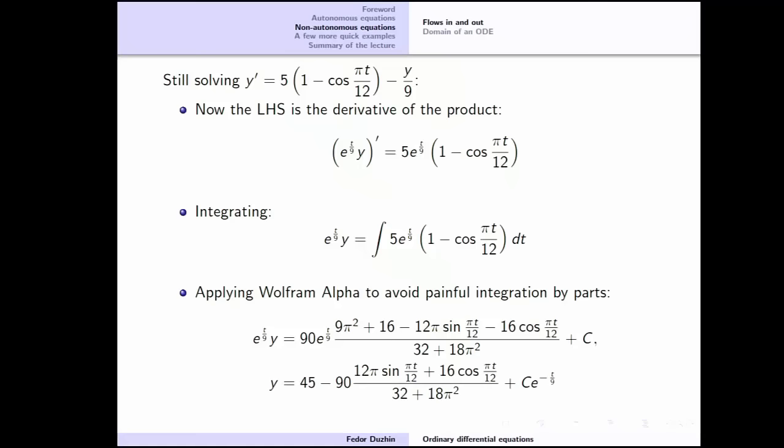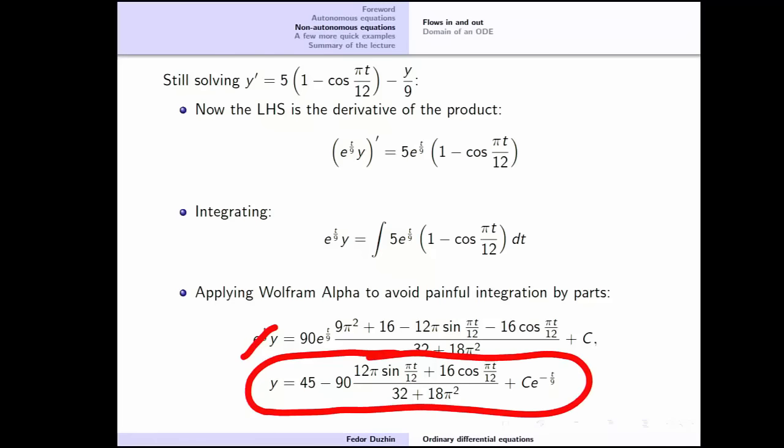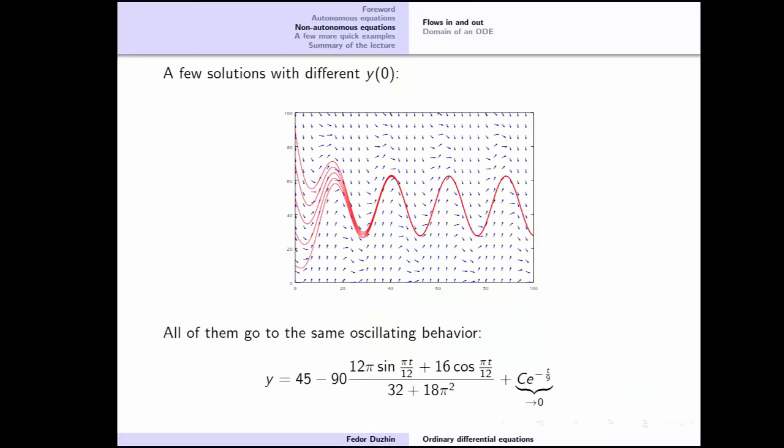But now multiplying by e to the t over 9, we get this final answer. Notice that this term plus c times e to the minus t over 9, as t goes to infinity, just approaches 0.